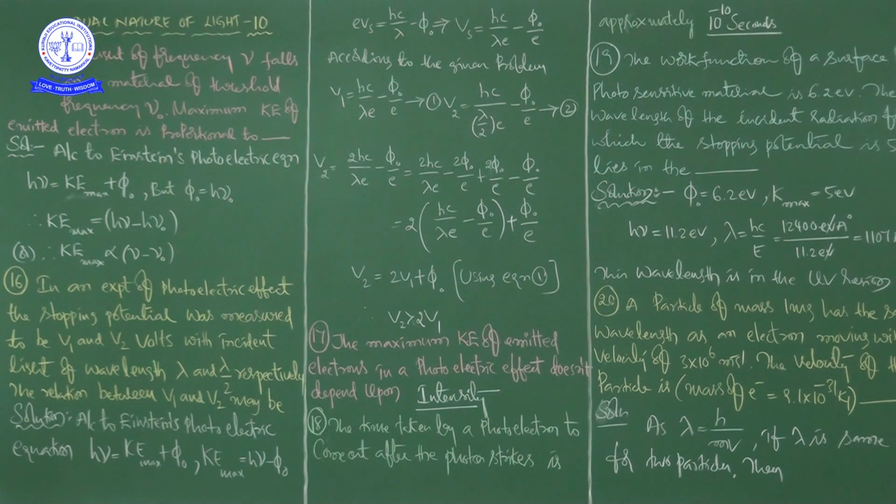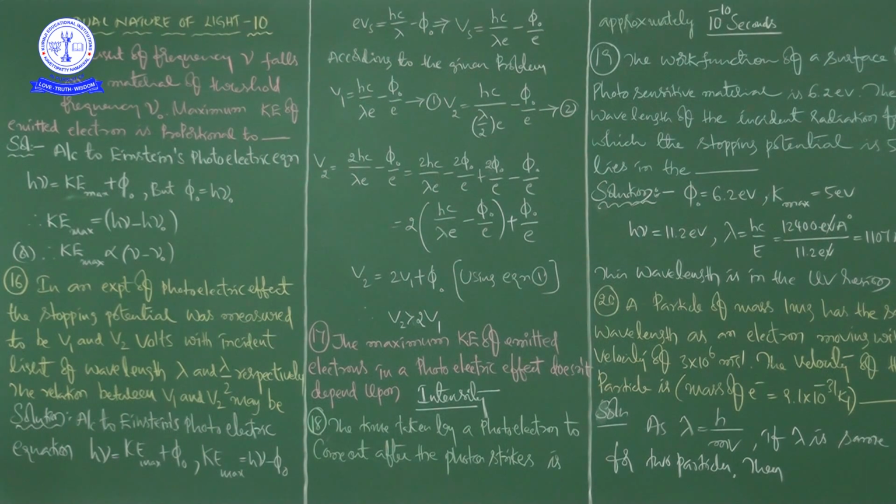That's why we are calling it maximum kinetic energy, because according to the law of conservation of energy, only three things are there. One is the energy of the incident radiation, and another one is the energy needed for the electron just to overcome the attraction by the positive charges. The rest of the energy is going to convert in the form of kinetic energy of the electron, right?